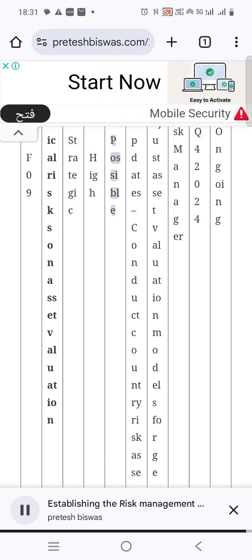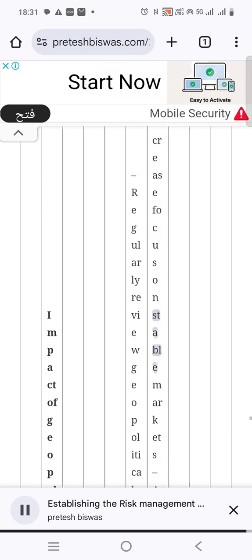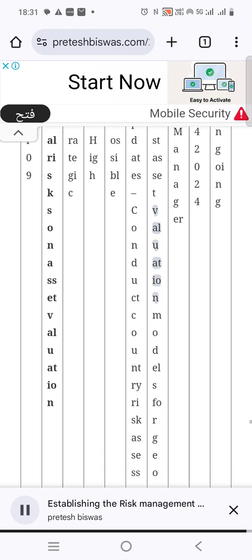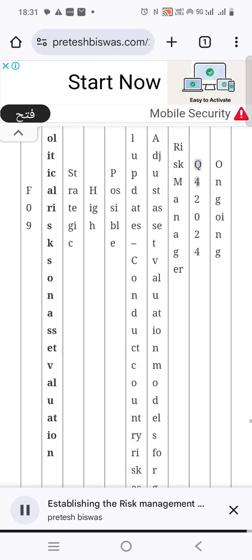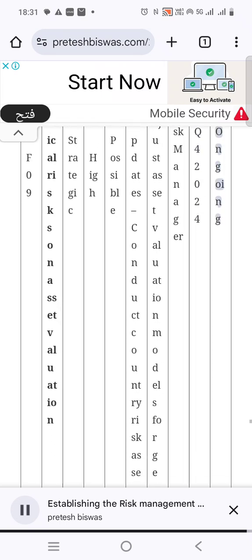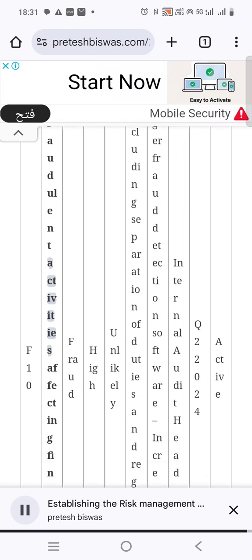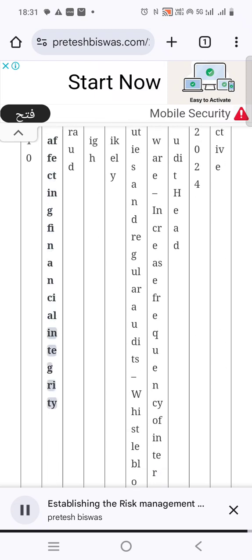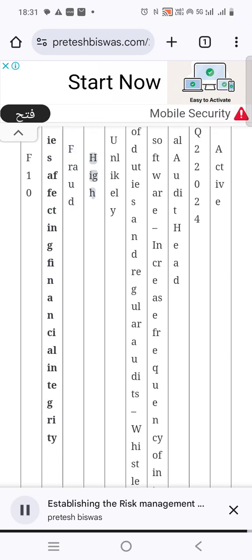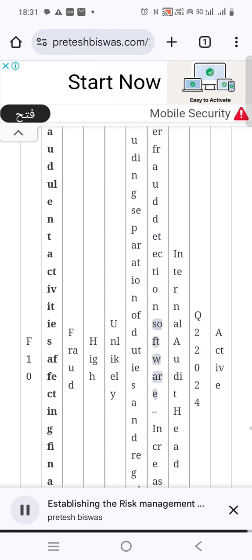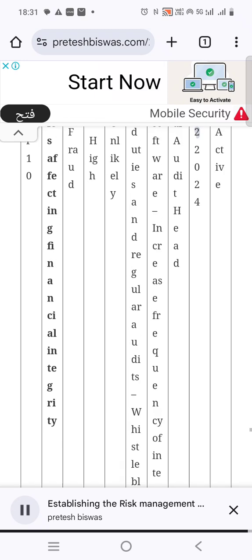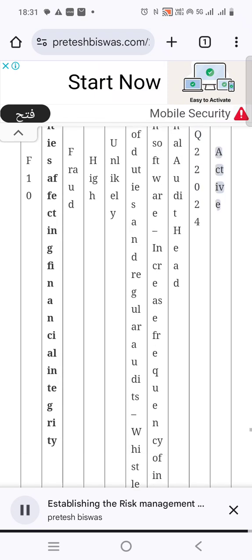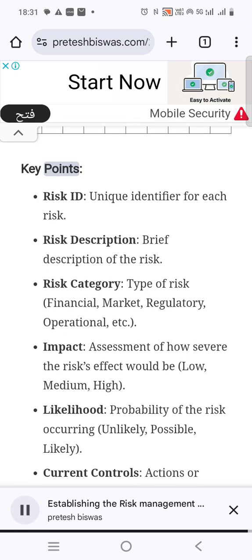High. Possible. Increase focus on stable markets. Adjust asset valuation models for geopolitical risks. Q4 2024. Ongoing. Fraudulent activities affecting financial integrity. Fraud. High. Unlikely. Implement stronger fraud detection software. Increase frequency of internal audits. Q2 2024. Active.